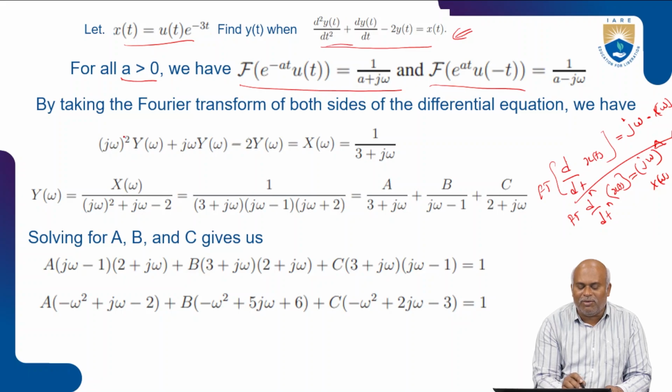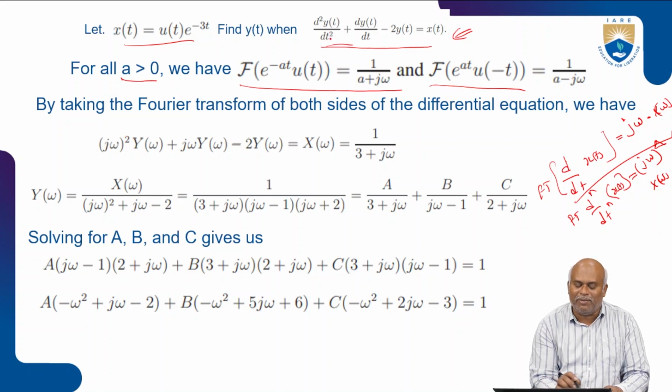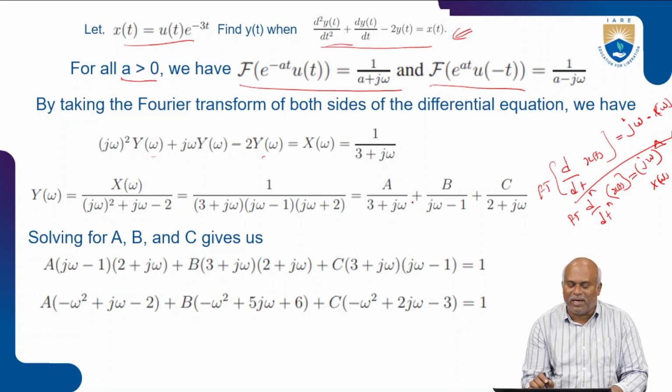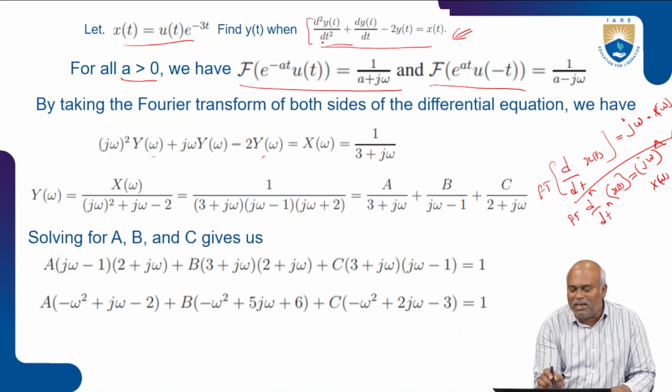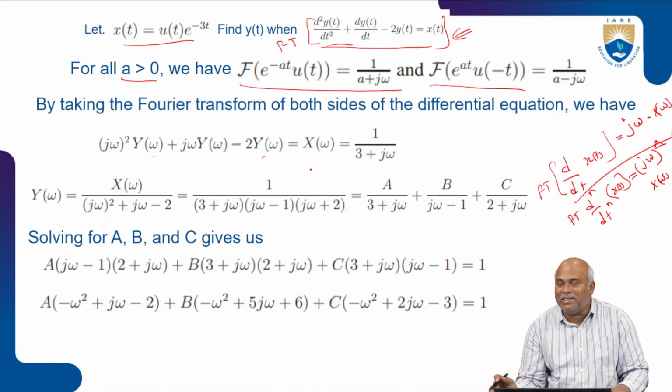I write (j omega) square of 2 Y of omega. The term represents y of t, that's why I write Y of omega. Next, one differentiation, j omega Y of omega, minus another one with no differentiation, then 2 Y of omega. I should take the Fourier transform of this whole term to adapt it for the differentiation property.